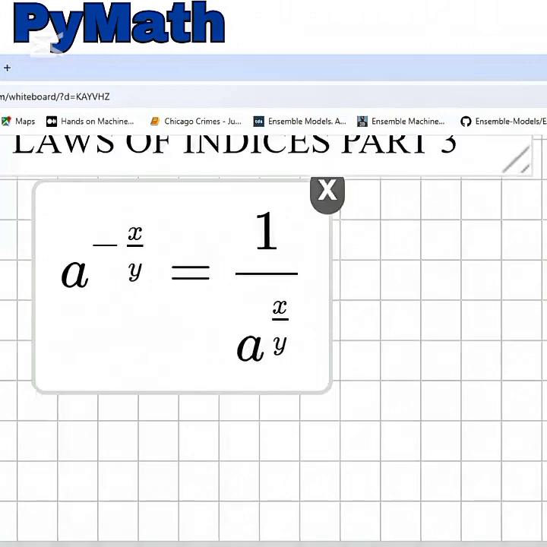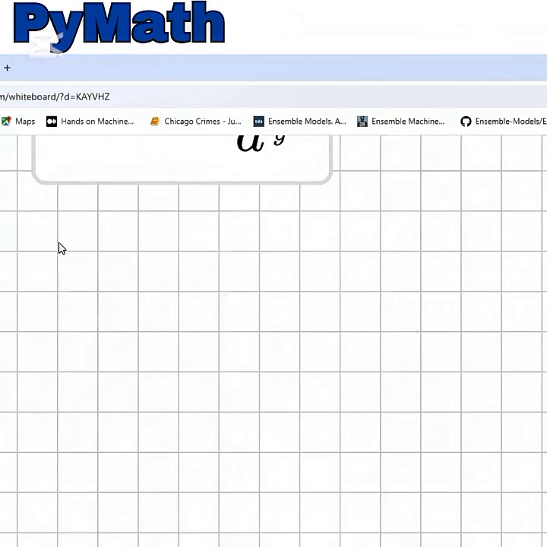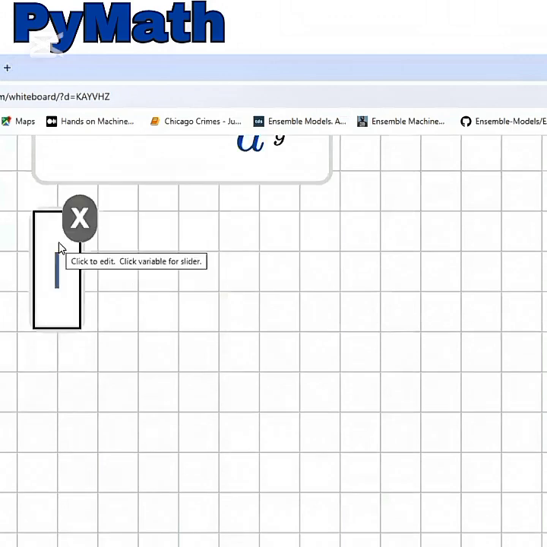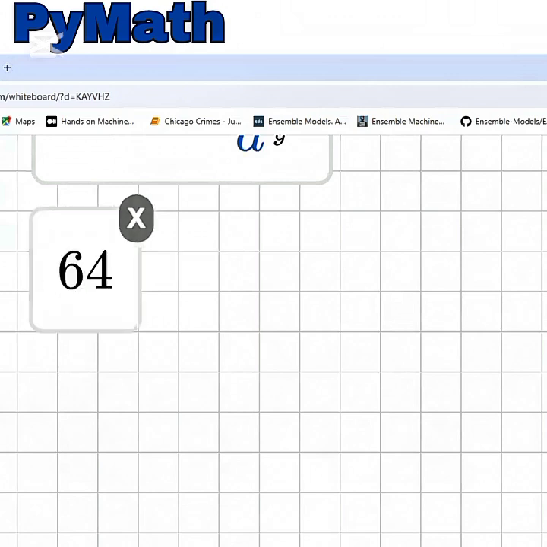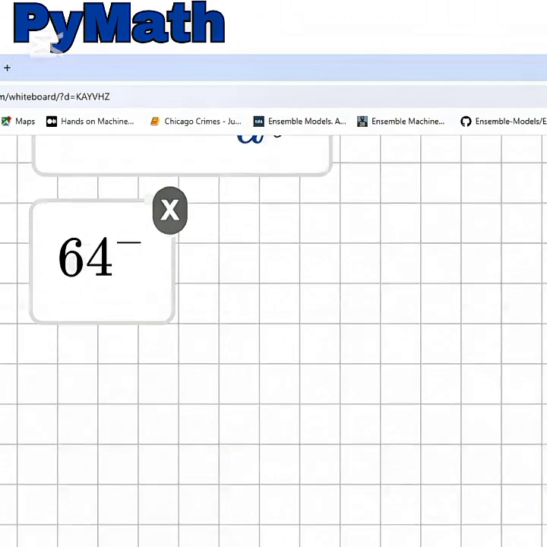Let's see some examples. Let's say we are to express 64 to the power of negative 2 over 3.